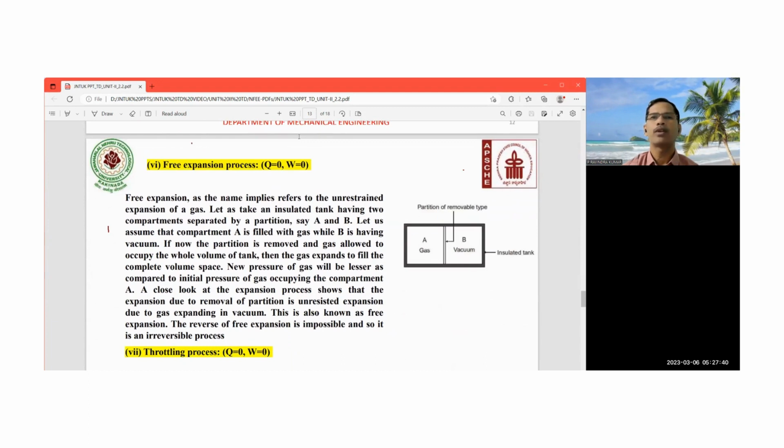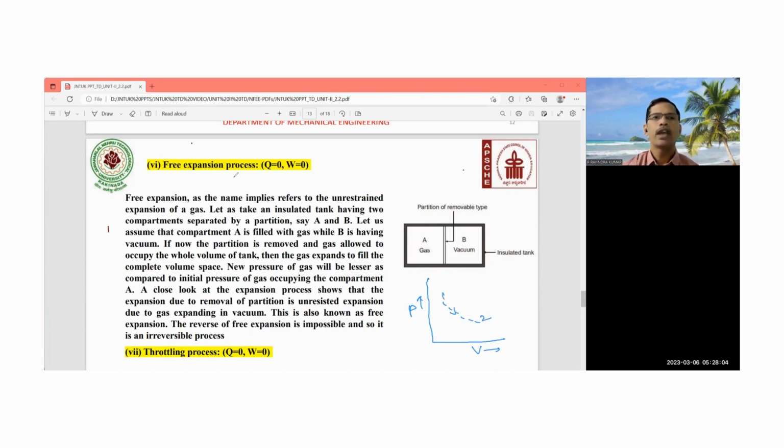Two irreversible processes. The irreversible process will be represented on the PV plane in terms of a dotted line, whereas the continuous process, that is the reversible process, is represented as a continuous line. So that is 1 to 2, right?